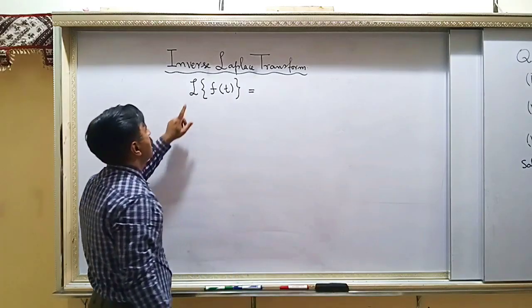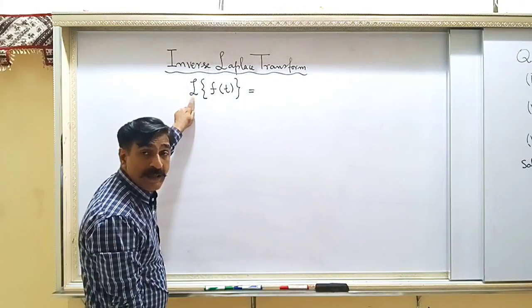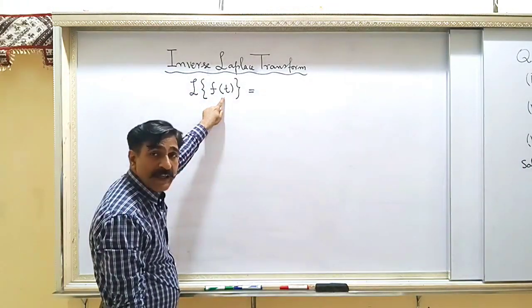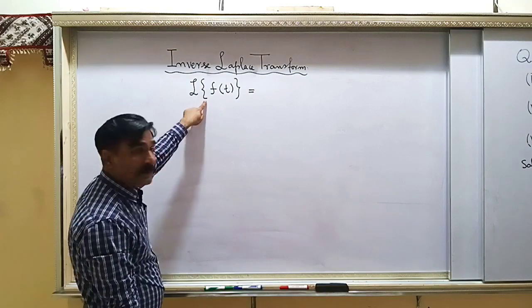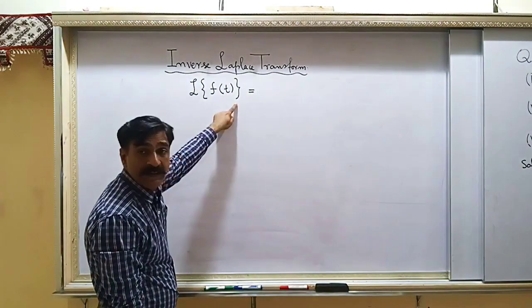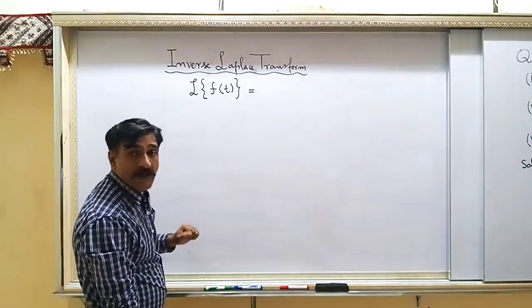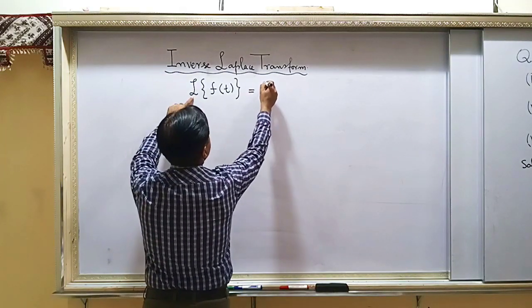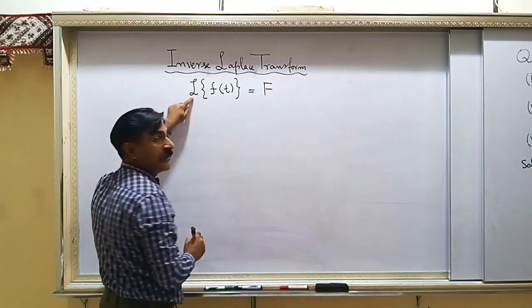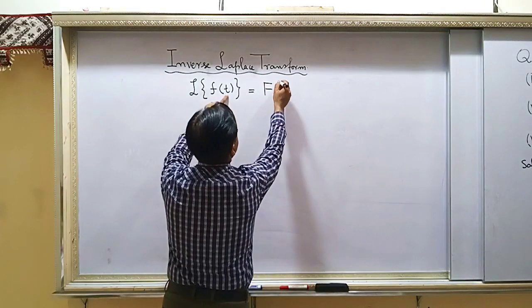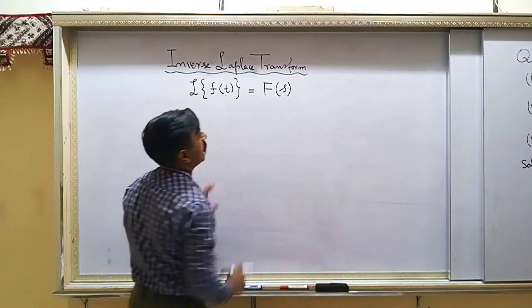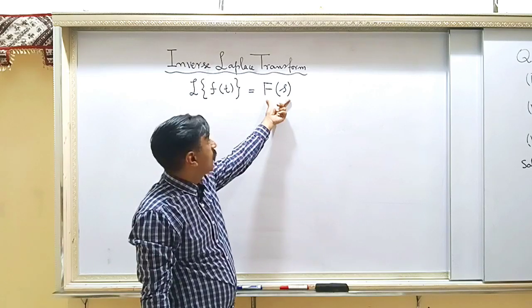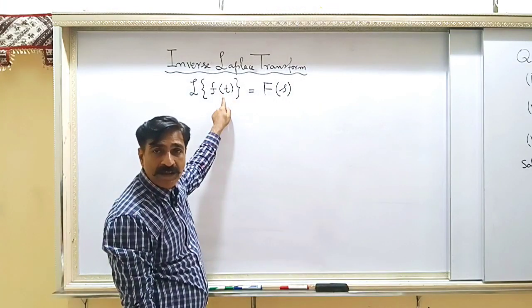The action of the integral operator on any function f of t is represented by these curly brackets. What does this Laplace transform perform for you? It gives you a new function, for example this big F, and a new variable s. And this F of s is known as the Laplace transform of the function f of t.